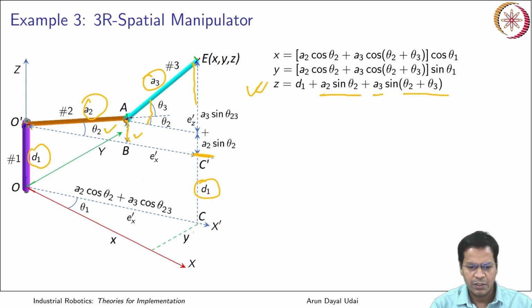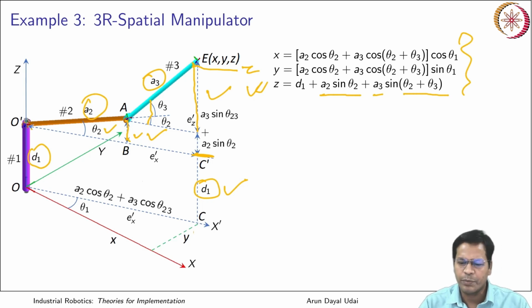So this is the remaining distance. So D1 plus this plus this is your Z. Got it? So these three are quite okay. You can directly obtain them by projection. Using DH parameters also you will come to this.